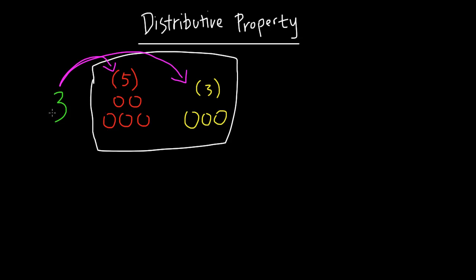And so if we multiply that, 3 times 5 is 15, and 3 times 3 is 9. So we should have 15 apples and we should have 9 lemons.